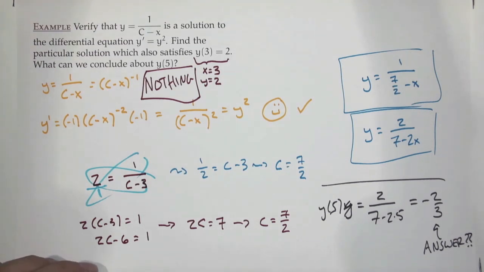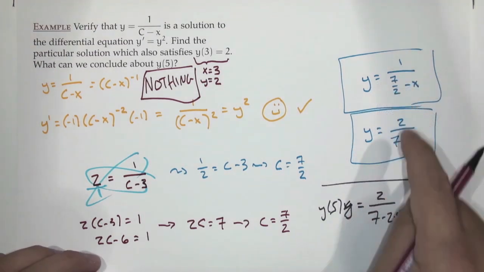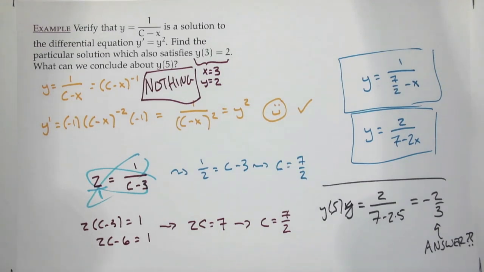Well, let's talk about this function. y equals 1 over 7 halves minus x. Can anyone tell me anything about this function? Someone said it's a solution. Someone mentioned the word asymptote. So it does have an asymptote. Where does the asymptote happen? 7 halves.